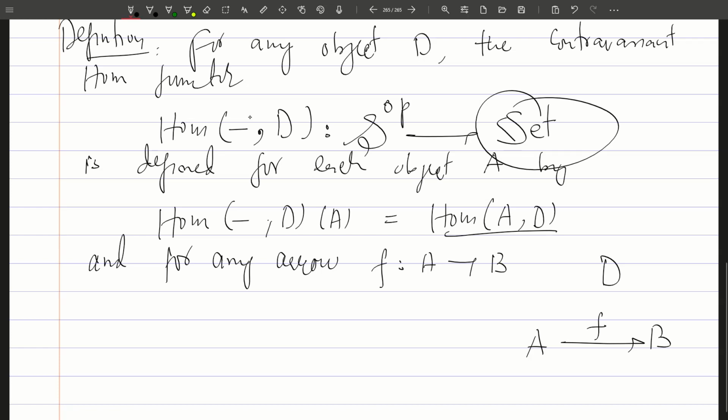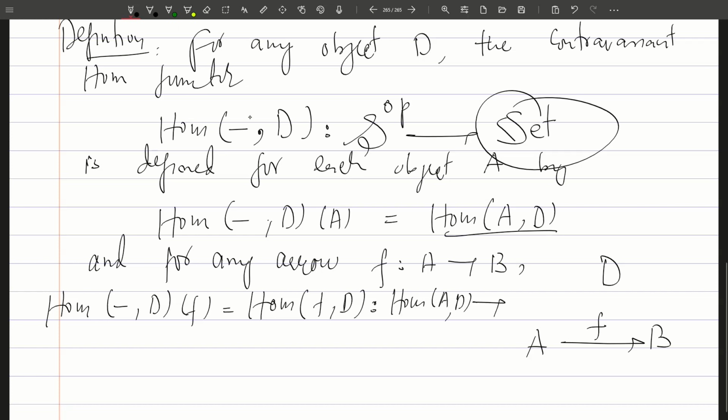Then Hom(-, D) of f is like this, Hom(f, D), which is a map from Hom(A, D) to Hom(B, D). Sorry, it is a map from Hom(B, D) to Hom(A, D).